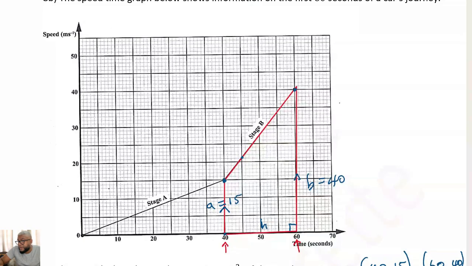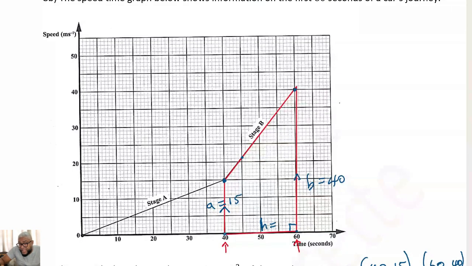Okay. Right? What is my height here? Caitlin, what is my height? What is H? Caitlin, look, you see it here. What's the height, Caitlin? 60.